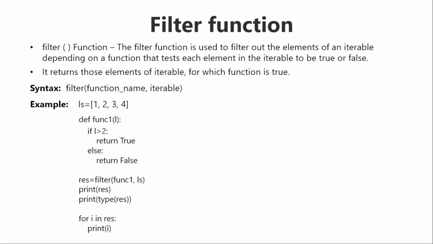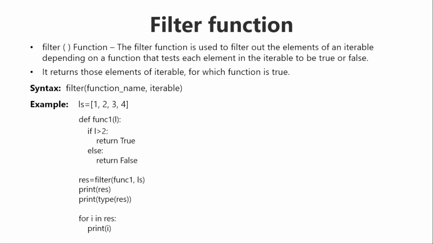Hence, after creating a result variable, result is equal to filter func1 comma ls. func1 will be the function to test the elements whether true or false based on the function condition, and ls will be the iterable objects. So I'm printing the results, and finally printing the type of results. Once you print the elements, it will be in terms of a filter object.